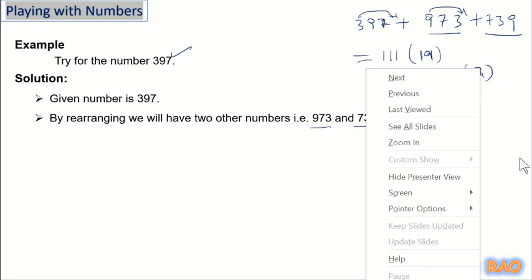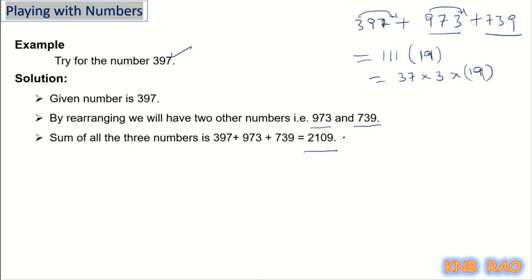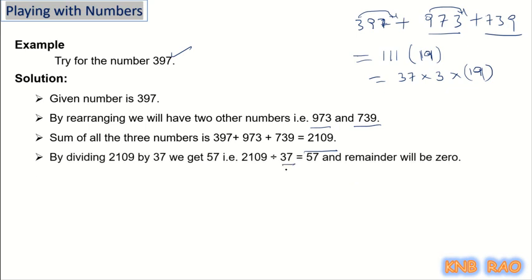So their sum, 2109, is surely divisible by 37 and gives quotient 19 times 3, which is 57. So 3 times the sum of the digits of the number will be the quotient. That is, 3 times (A plus B plus C) will come. That is how it is done.